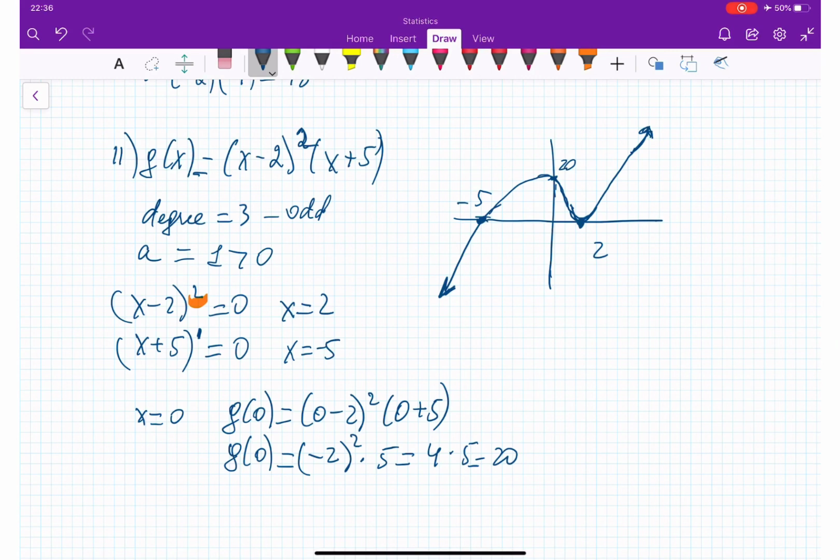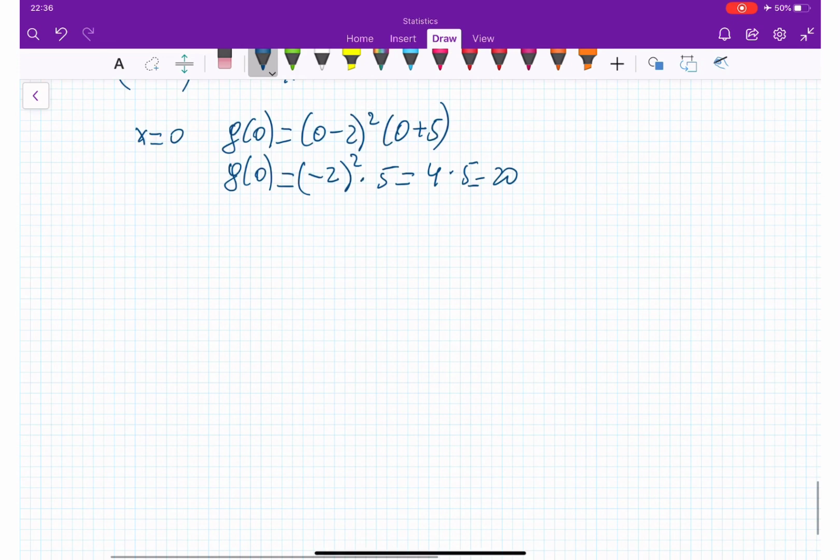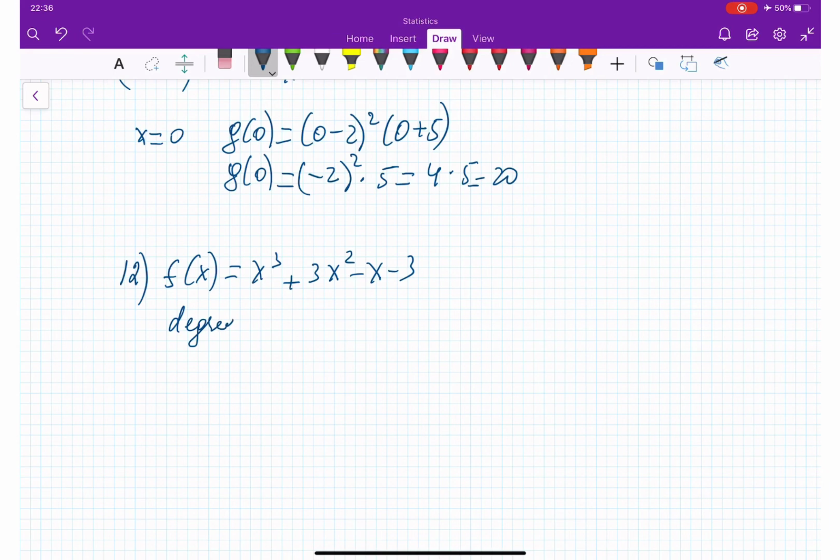Question number 12. Going to graph f of x is equal to x cubed plus 3x squared minus x minus 3. Okay, for this one, we know that degree clearly is 3.